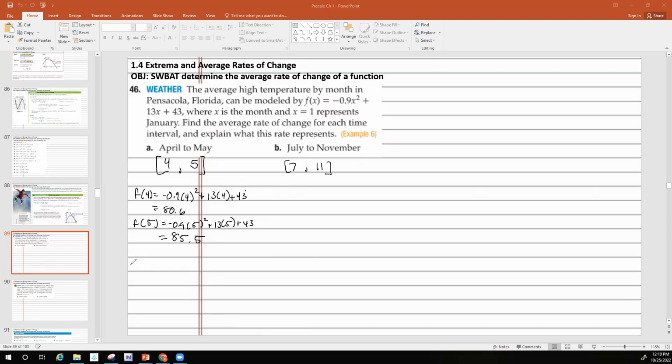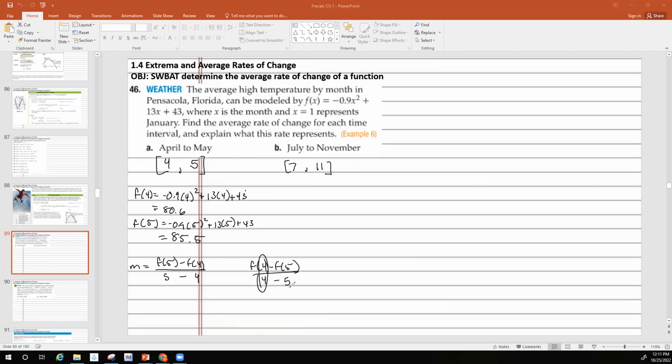So the average rate is going to be f of 5 minus f of 4 over 5 minus 4. Now you're probably thinking, Mr. T, can you put f of 4 minus f of 5 over 4 minus 5?